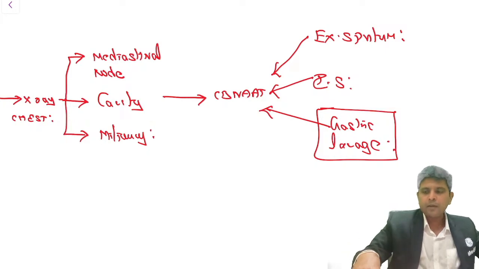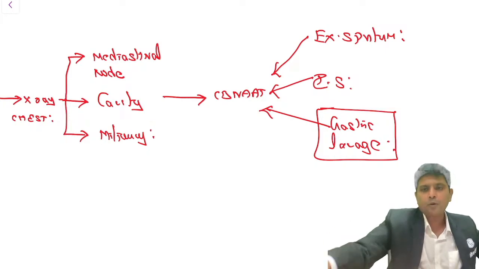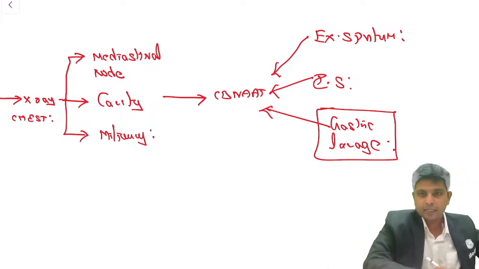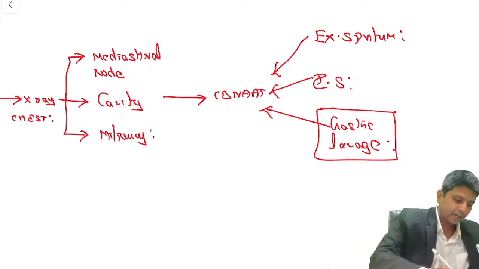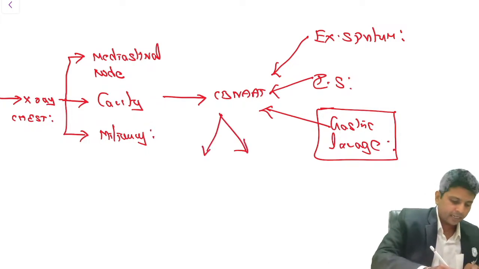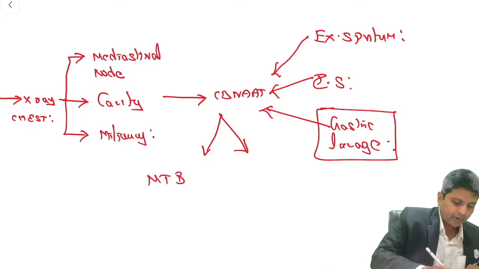The sputum may contain tuberculous bacilli, and you take any one of these samples and subject it to CB naught. In CB naught you will get two results. One is MTB detected or not.